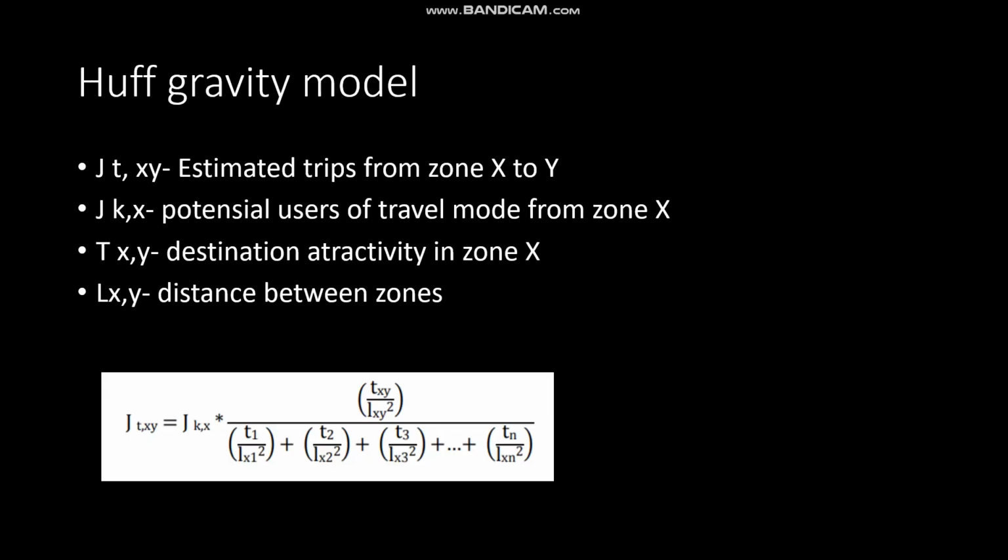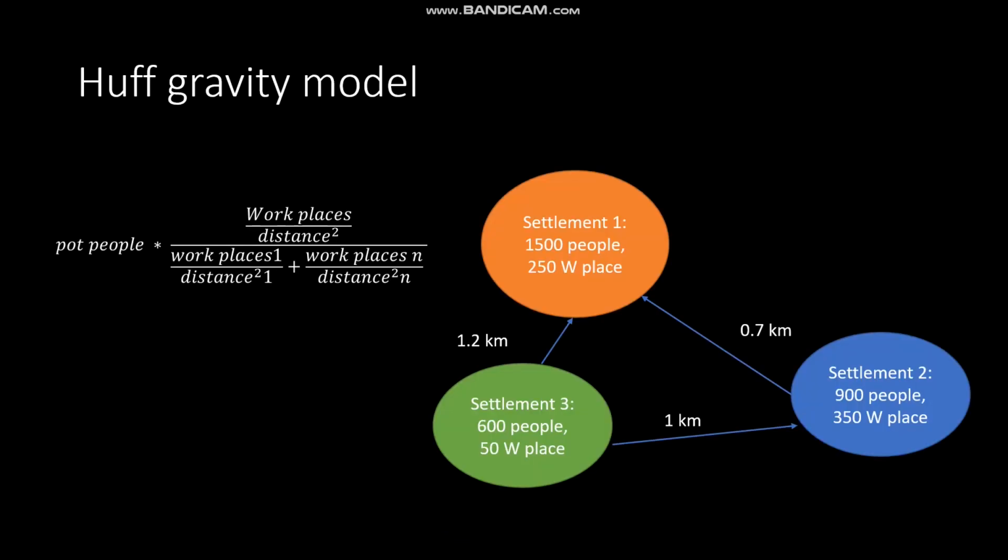So the gravity model formula is over here, but I will explain it a little better with this example. And this is also from another context, so you have to adapt it to your context. Workplaces are the maximum number of working places.